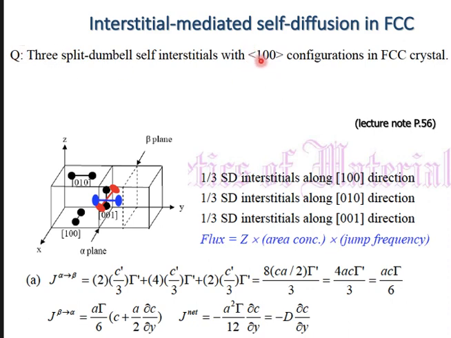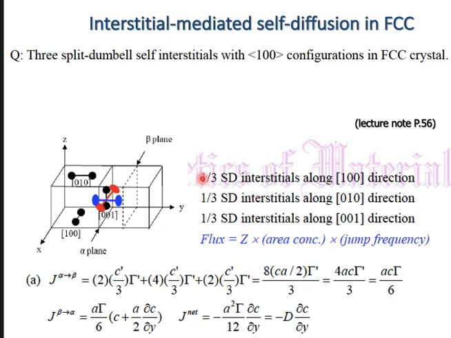And the direction is 100, and we use this symbol to label these configurations. This implies that we have 3 different directions of split dumbbell self-interstitials, including the 100, 010, and 001 directions, and they have the same concentration of SD defects.